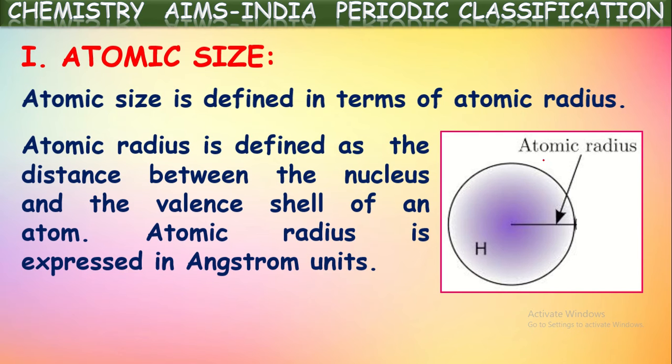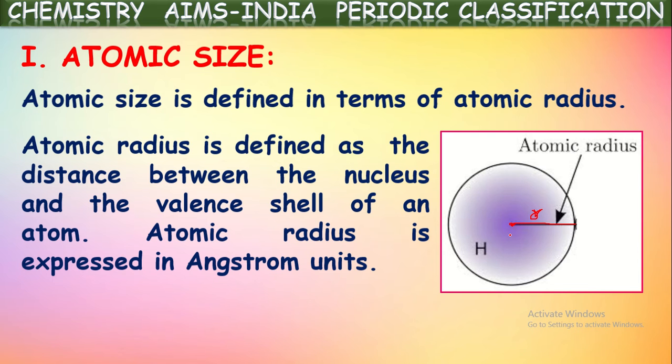Suppose you consider this as an atom, the distance between the center of the atom, that means the nucleus, and the outermost shell of that atom is considered as the radius of that atom.